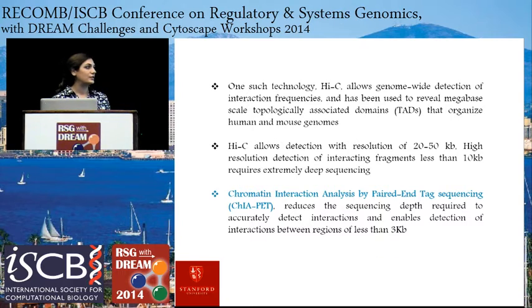This technique reduces the sequencing depth required to map the interactions, and brings up the resolution by targeting the factor of interest. So that's why we chose this technique, and in our data, the resolution was around 3 kb.